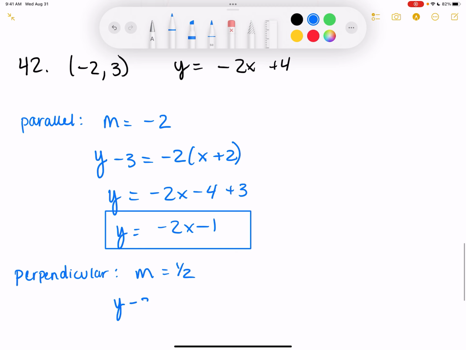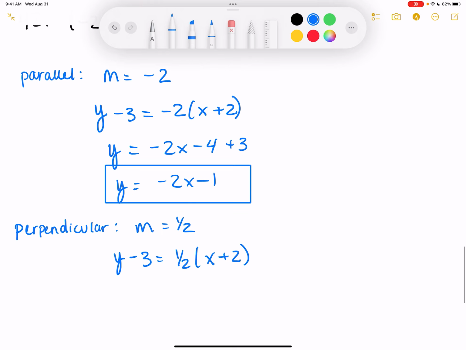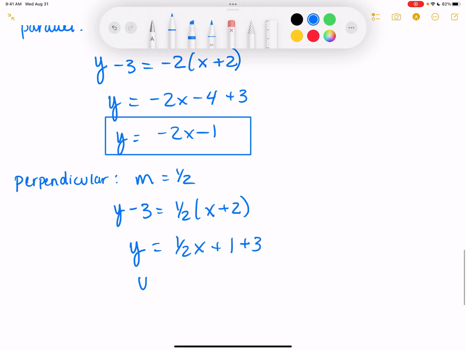So y minus 3 equals 1/2 times x plus 2. y equals 1/2 x plus 1 plus 3. So y equals 1/2 x plus 4.